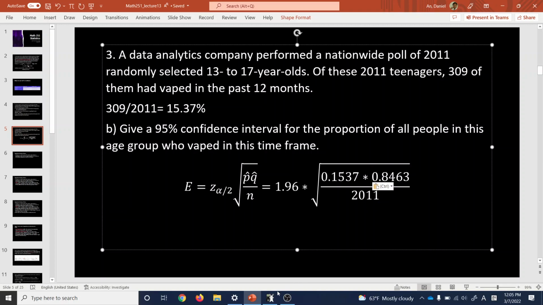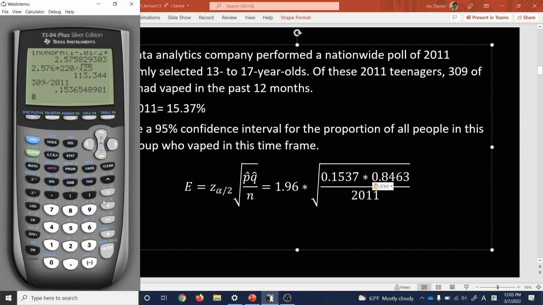So that's it. Let's plug in the numbers. 1.96 times the square root, and let's open a parenthesis to make sure that all of these numbers are inside the square root. So 0.1537 times 0.8463, and then divide by 2011, and you close the parenthesis, then enter.